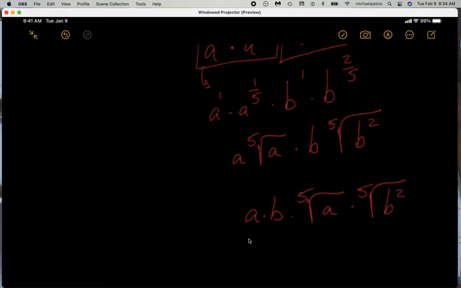And be careful, this here has to be with the radical sign. Make sure it doesn't drift over here and your teacher thinks that that is b to the 5th.